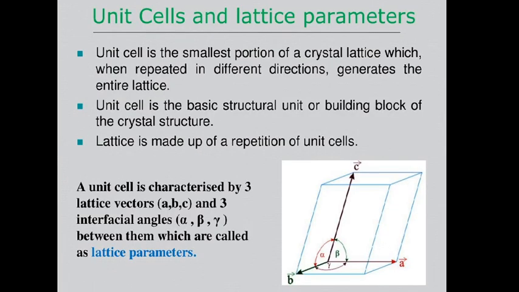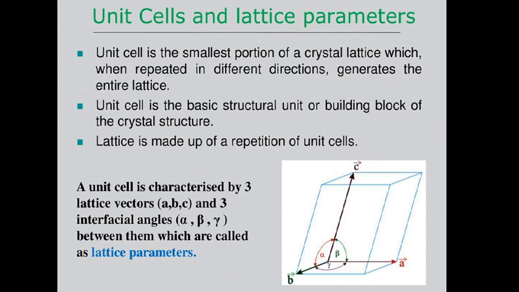Now in these lattice points, if you make the smallest pattern which is periodically repeated throughout the lattice, say I make a group of 4 or 5 atoms, this group of 4 or 5 atoms is periodically repeated throughout my lattice pattern in the direction of the x axis, the y axis and the z axis.